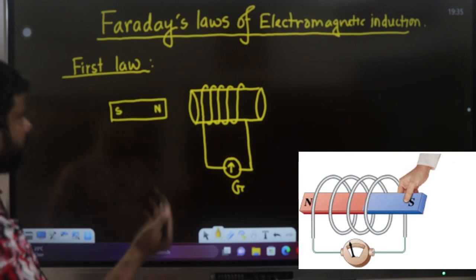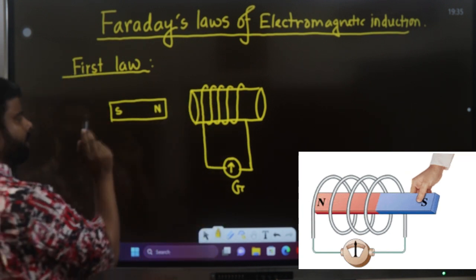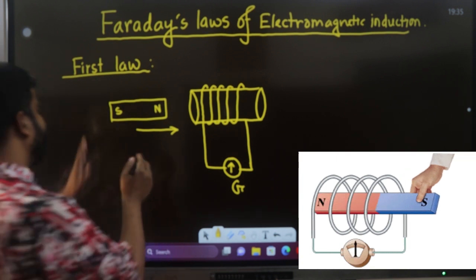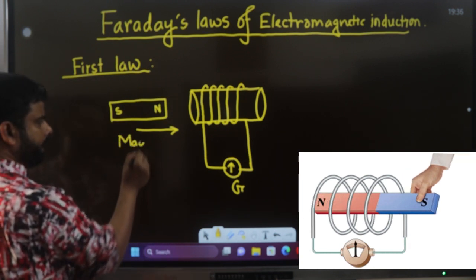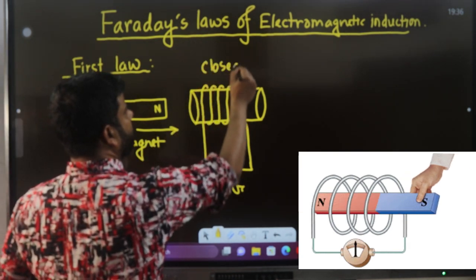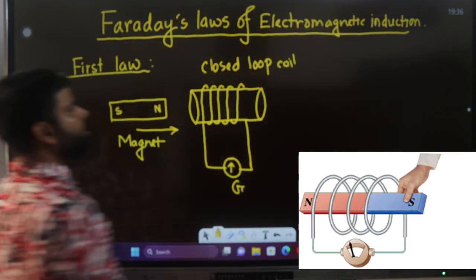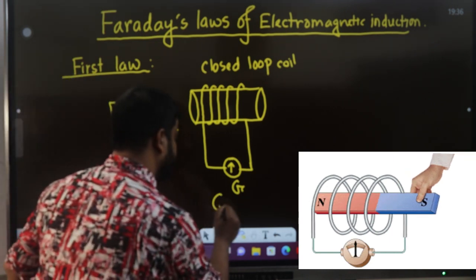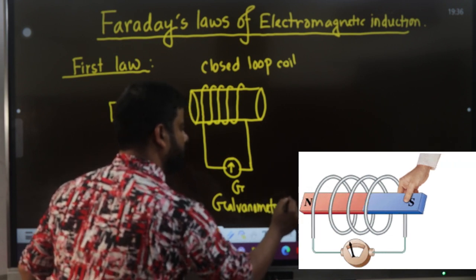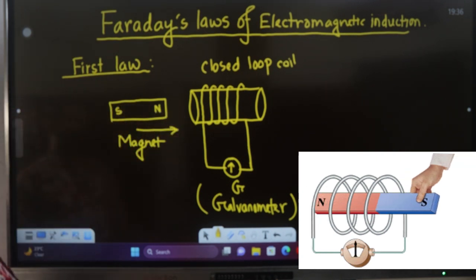So according to Faraday's electromagnetic induction law, first law: when there is a relative motion between the magnet and the closed loop coil, and a galvanometer is attached to the closed loop coil, the galvanometer is used to identify the presence of induced current or voltage in the circuit.